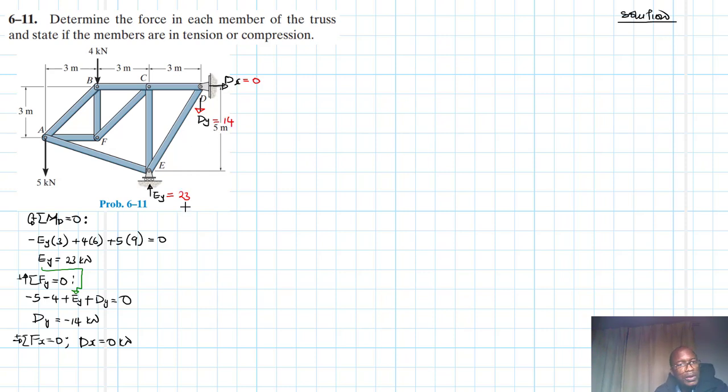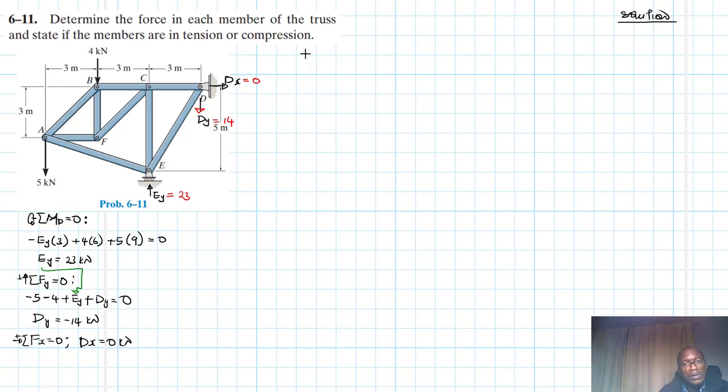The direction has to change. So let's just check this. We have 18 plus 5, 23, so it's equilibrating the y. Correct.